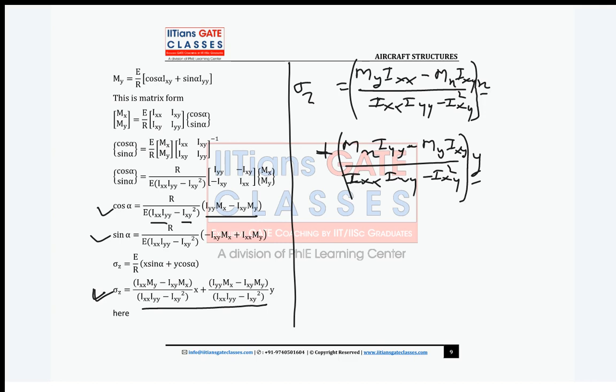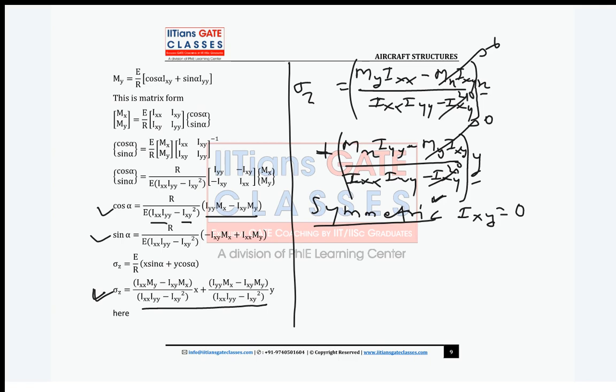Now, how can we check this formula, guys? If your cross section is symmetric, even single symmetry, what is the condition? Symmetric means your Ixy, product moment of inertia, is 0. So if you substitute this 0 and this 0, here 0, here 0, what do you get, guys?